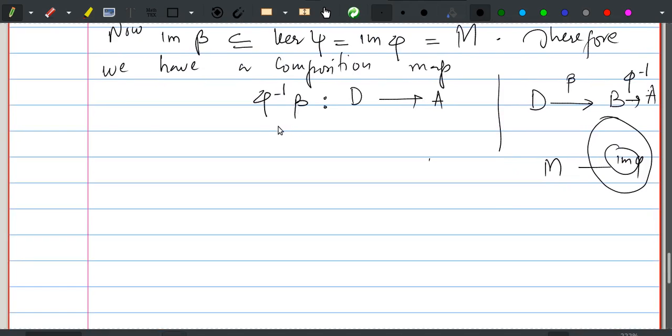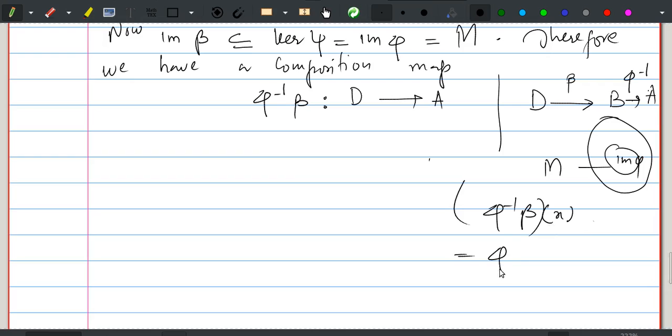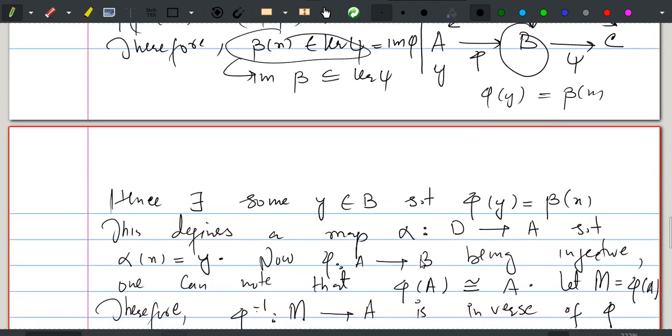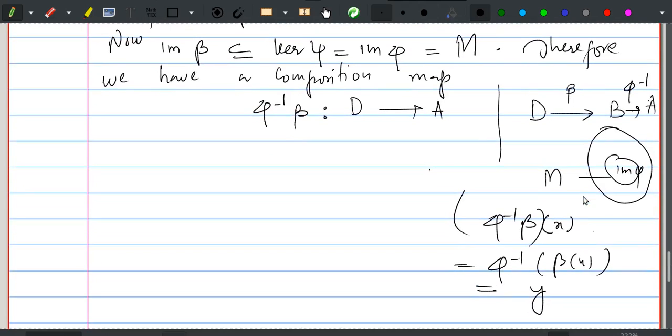Now what it does: if we take an element x, then y is the same as phi inverse of beta of x. So this is the map we were looking at, our map alpha.